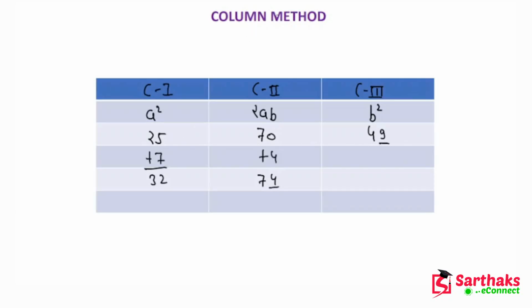Now the final step says, that is step number 4. What does this step say? Underline the number in column 1. Okay, so this step just says that you have to underline this. These both are already underlined, 4 and 9.